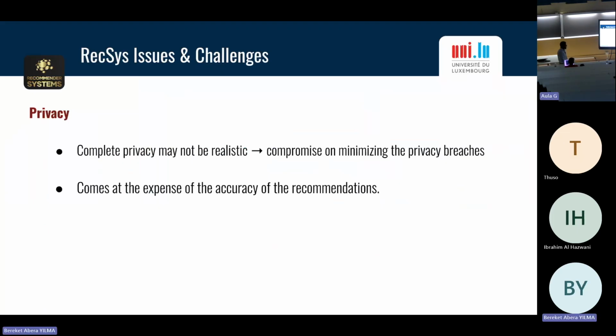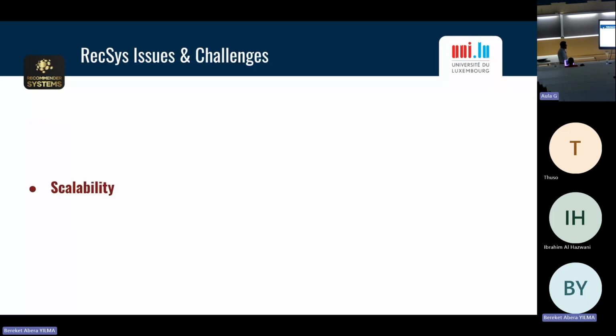Yeah. There's always this trade-off between getting the best recommendation versus giving some kind of personal information. If I know you more, I can adapt to your needs, interests, and preferences more. So this is something important to analyze.